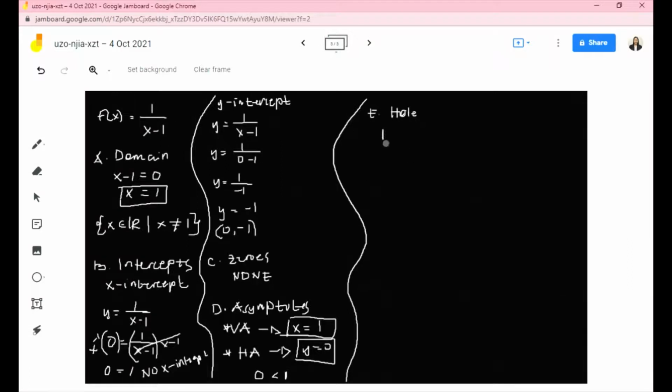This means that there is no discontinuity, or the hole does not exist. Now, what does its graph look like? We'll just have to write down the function in our graphing calculator. That's 1 over x minus 1. So this is how your graph looks like.